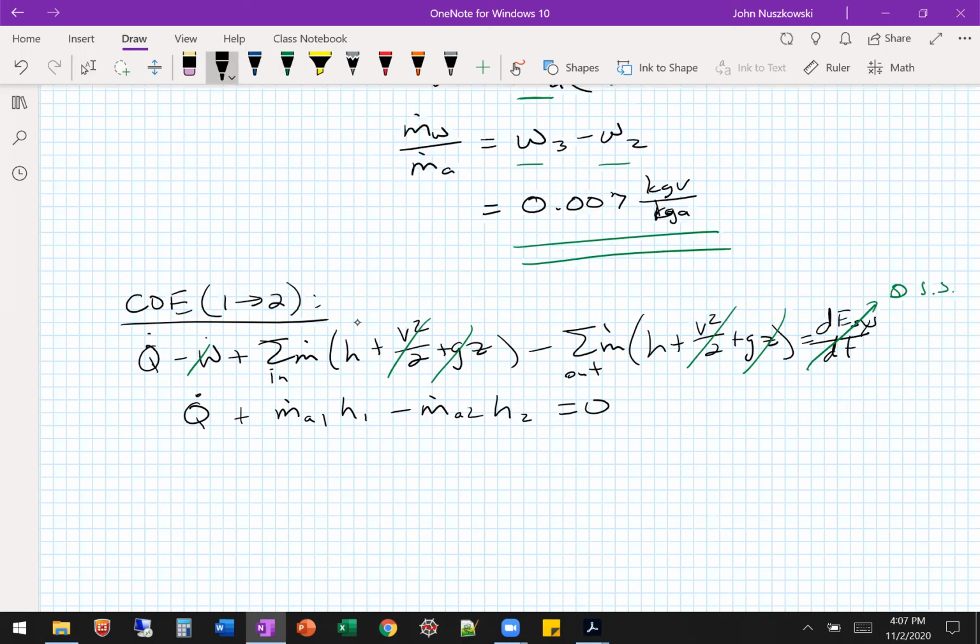All right, so similar simplification as the last problem. The mass flow rate of air is the same.